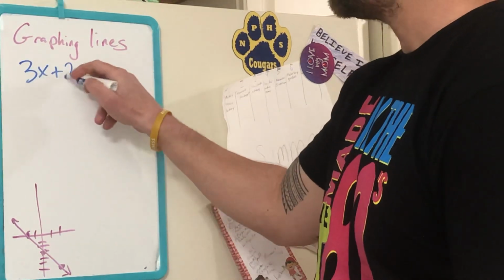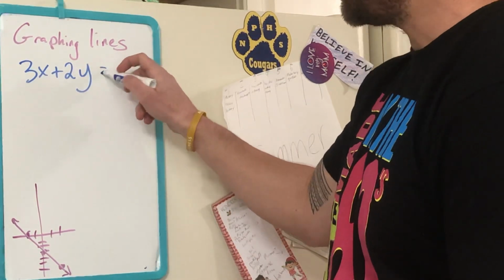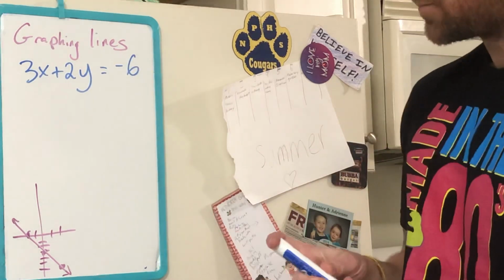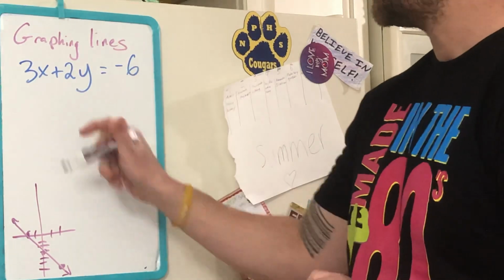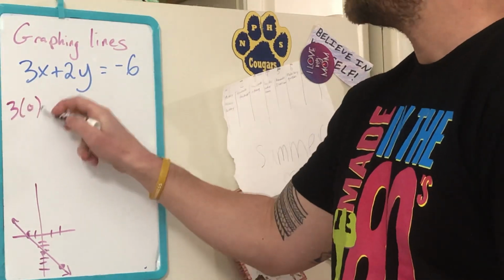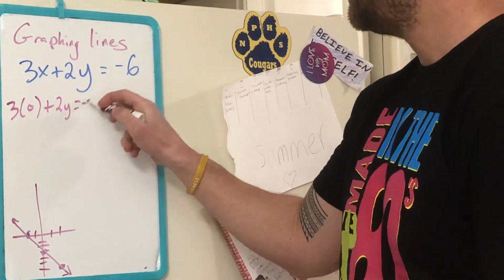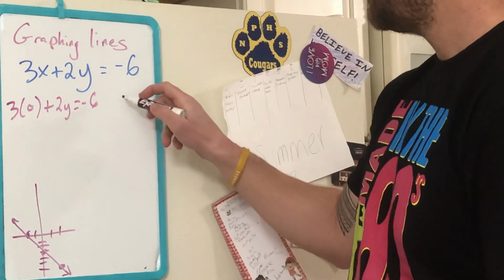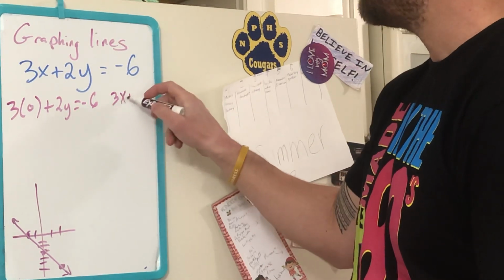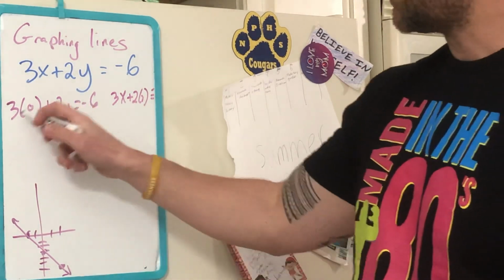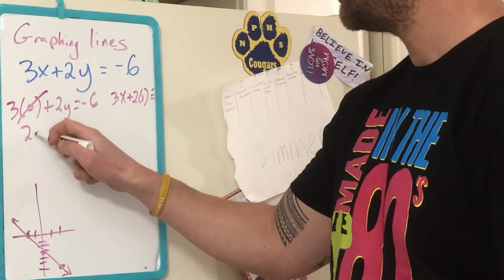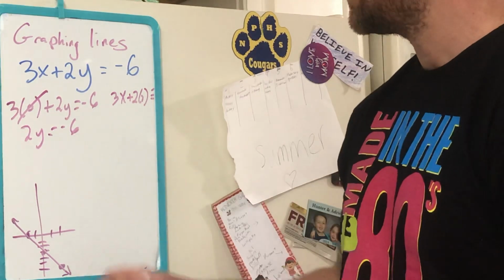So 3x plus 2y equals -6. If you remember, we also learned that we could plug in 0 for x, 0 for y. So if I plug in 0 for x and rewrite the equation, and then plug in 0 for y and rewrite the equation. 3 times 0 is 0, so that's 2y equals -6.